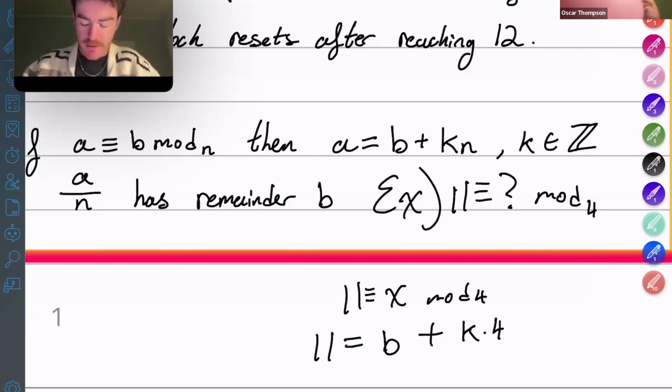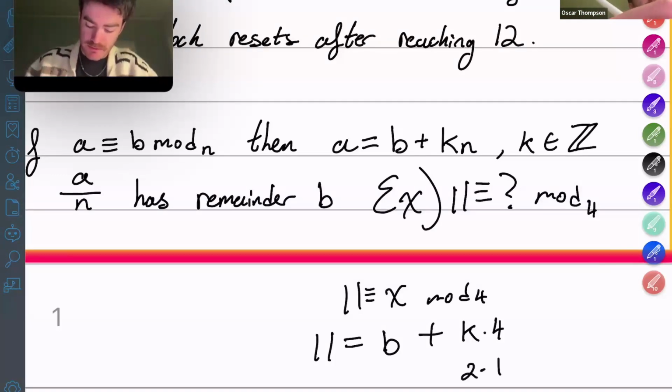Now, how I like to go about solving these is I like to count up in fours. Once I get to a number that's relatively close to 11, I'm going to stop counting. So we go 4, we go 8, we can even count up one more, we go 12. It's a bit too much, so we'll go back to 8. That's 2 for k.